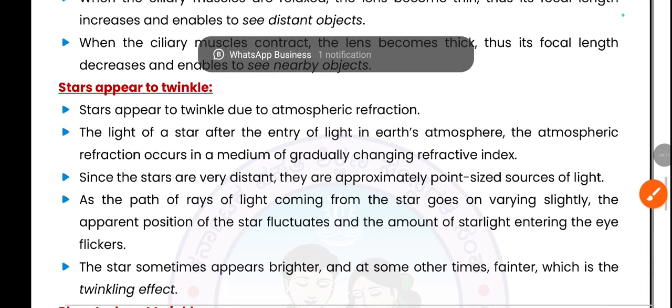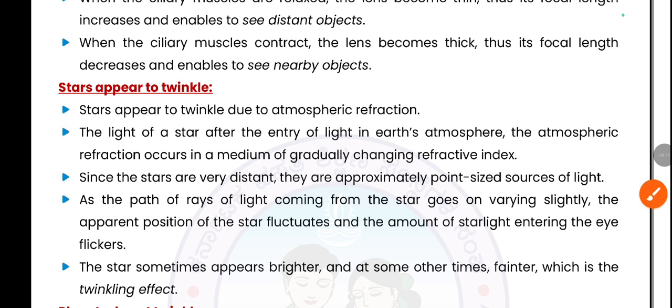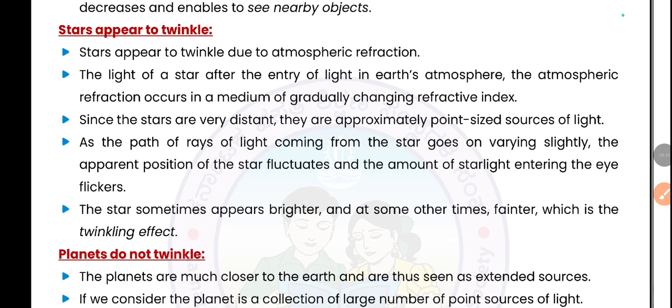Okay, then next, stars appear twinkling. This is also a very important question. Stars appear to twinkle due to atmospheric refraction. After the entry of the star's light into Earth's atmosphere, atmospheric refraction occurs in a medium of gradually changing refractive index. Since the stars are very distant, they are approximately point-sized sources of light.